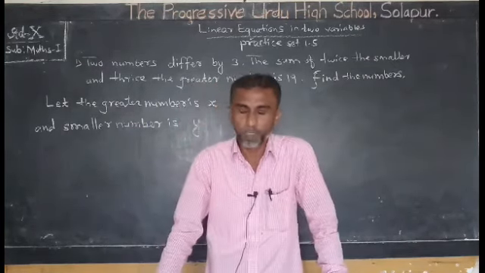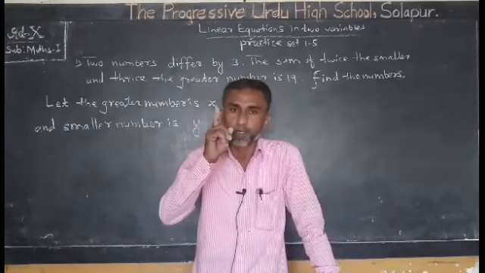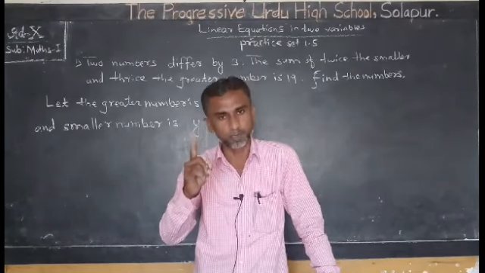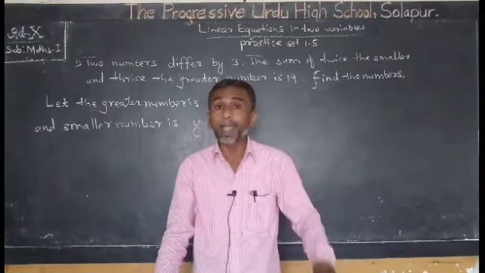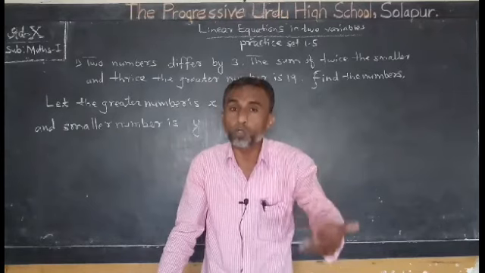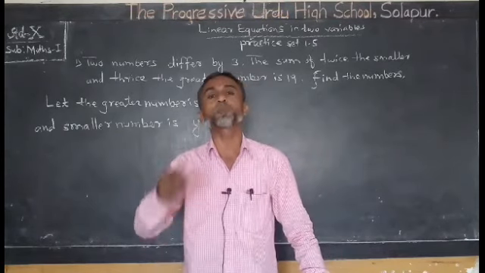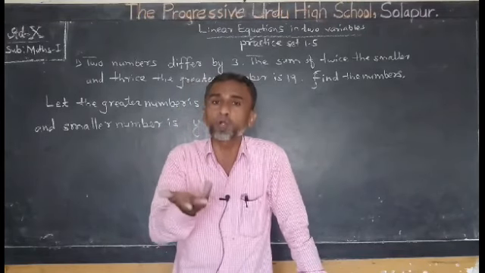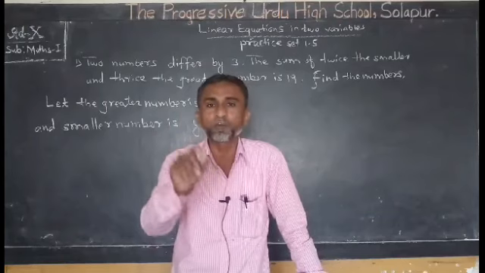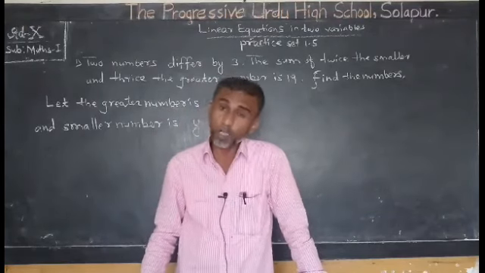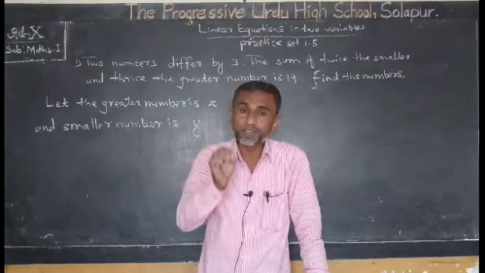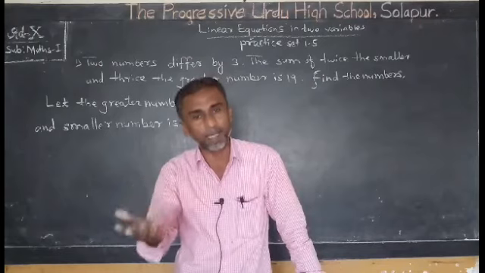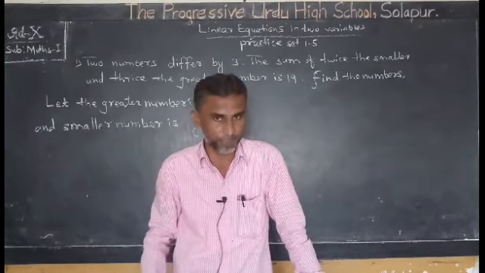First thing, read the word problem carefully. Second thing, identify the unknown quantities about which information is given in the problem. Third step, you should use proper variables like x, y, m, n, a, b for the unknown quantities.